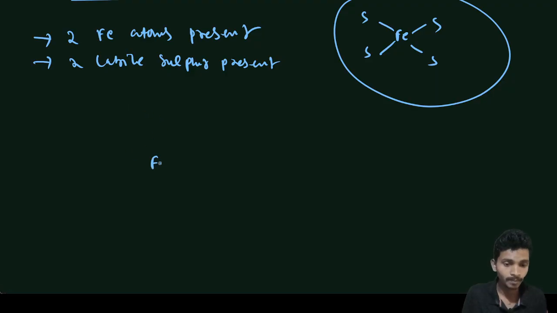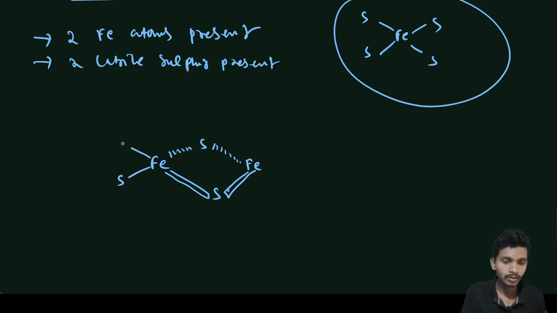So how is it possible? Let's say here one Fe, here one Fe. What you do here is we will put one labile sulfur, here another labile sulfur. And then you will put another sulfur here, because one Fe is always connected to 4 sulfur atoms. So Fe is connected to 4 sulfur atoms: 1 2 3 4. Here also 4 sulfur atoms.